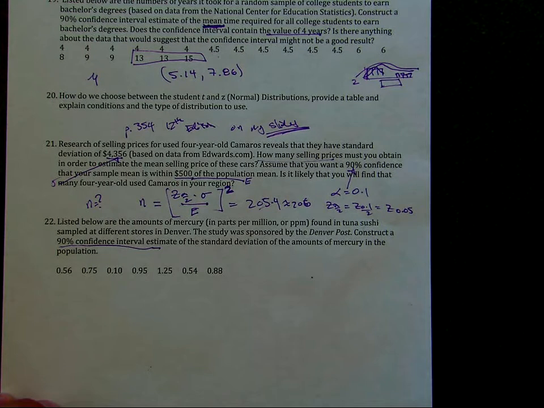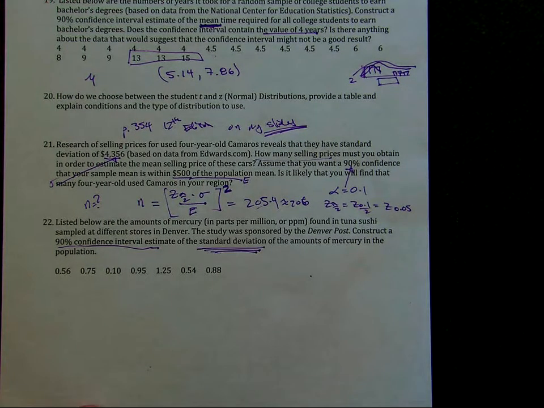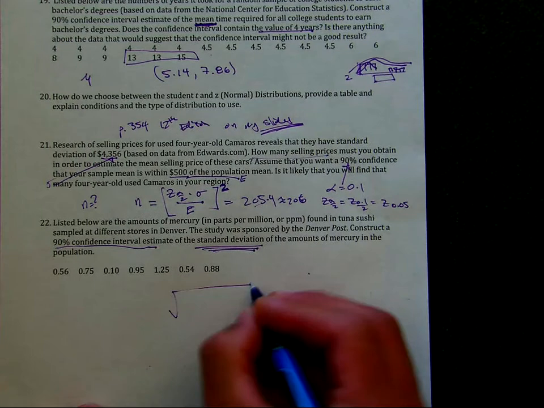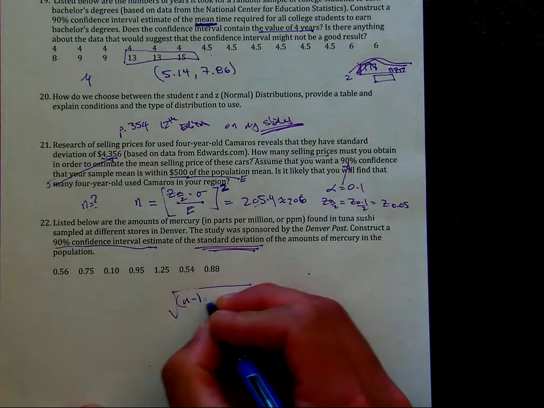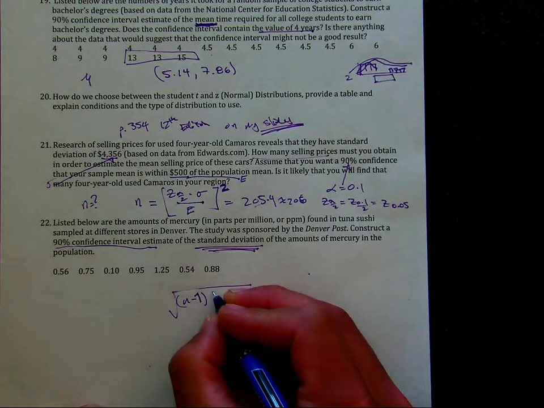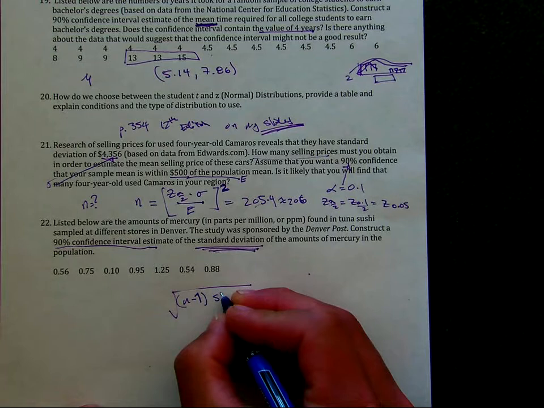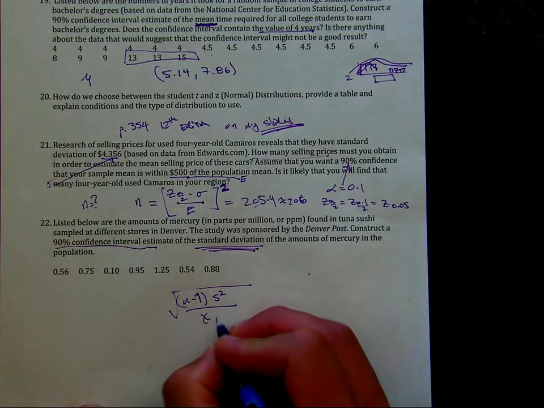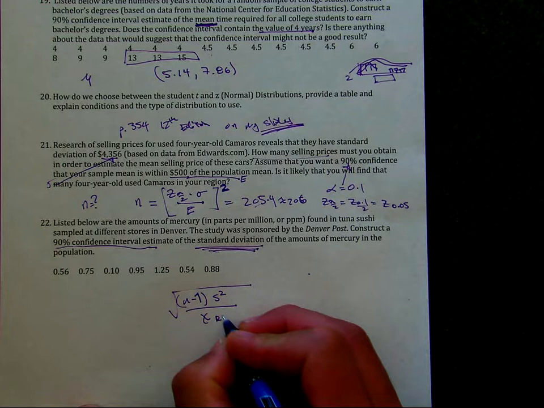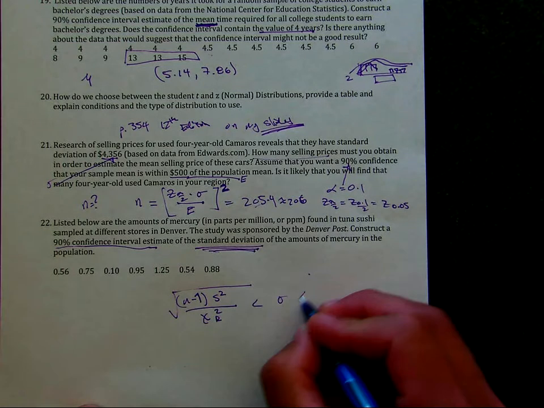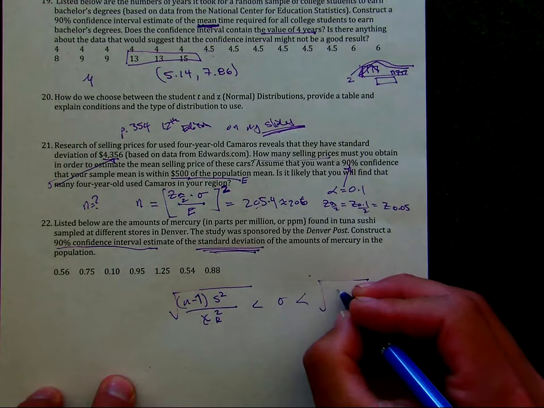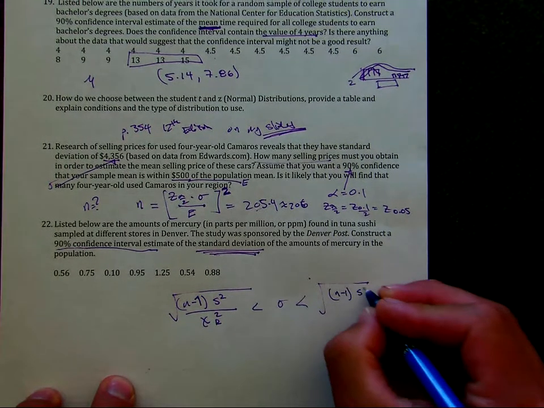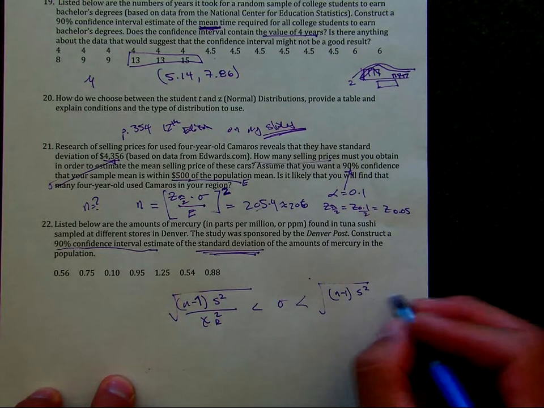n minus 1, whoops, that should be a 1, times the sample variance, right? In other words, the standard deviation squared. And you have chi-squared from the right, less than sigma, which is less than the square root of n minus 1 times the sample variance over chi-squared from the left.